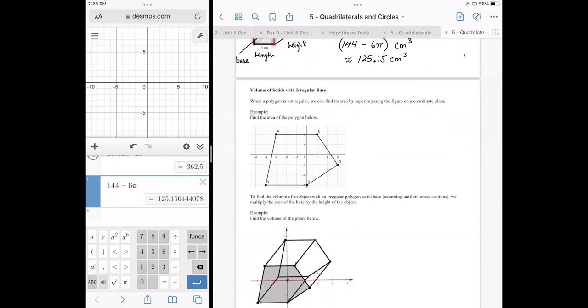So first off, we'll start with the area of a polygon of unknown configuration. Well, it's part parallelogram, part triangular component, but it's not the easiest thing to work with if you wanted to break it up into triangles.